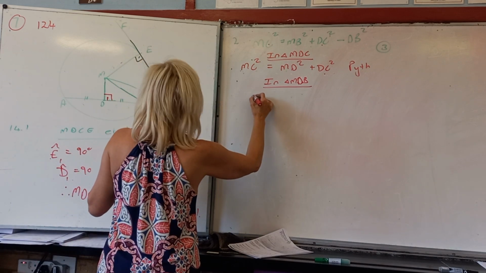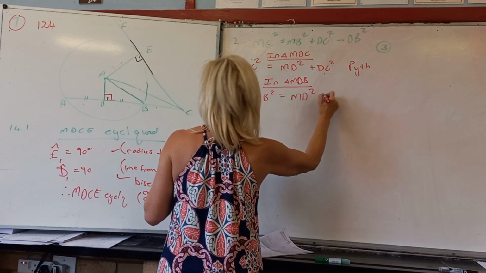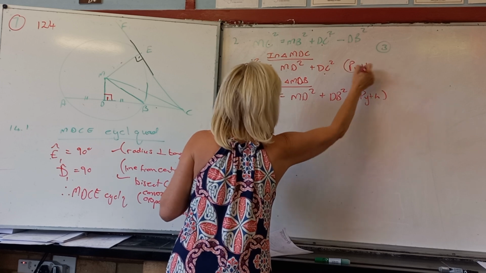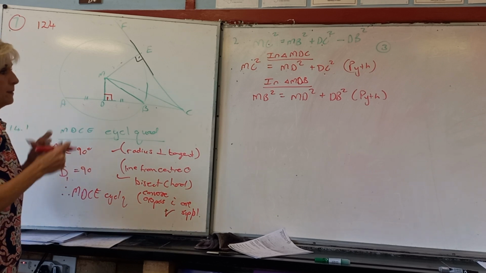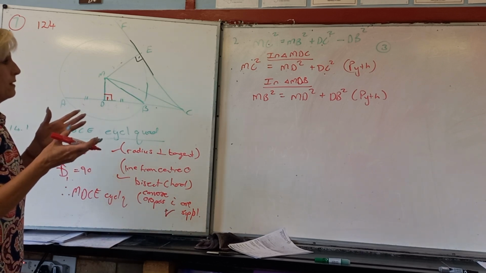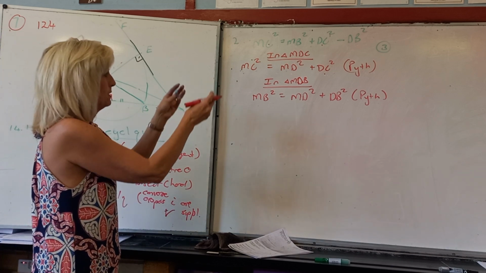So let's say MB squared would then be MD squared plus DB squared. Again with Pythagoras, is it necessary for you to write reasons? Yes, geometry, always. Okay, but that's now it. Is there not some way that I can make a relationship between these two?